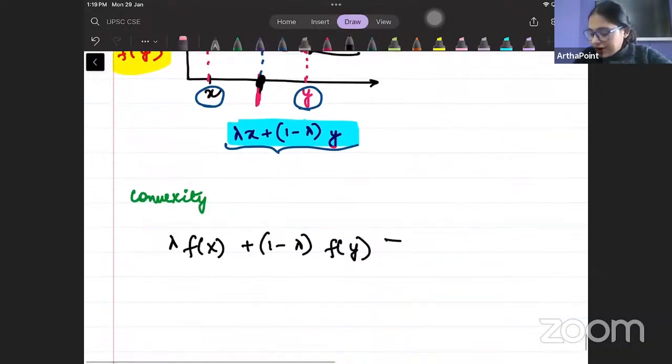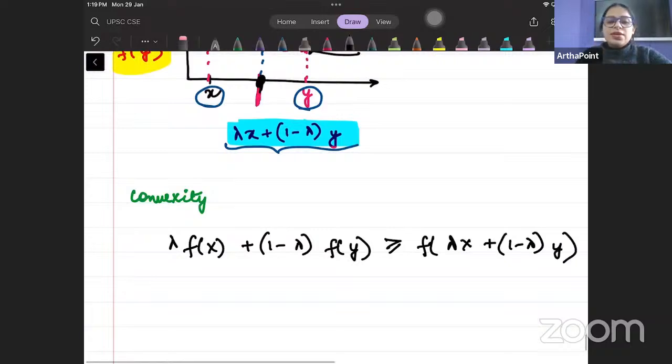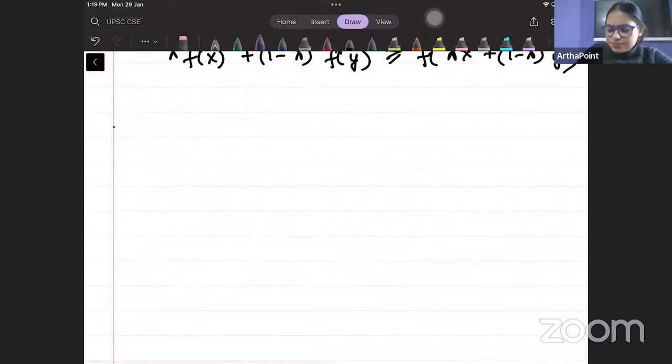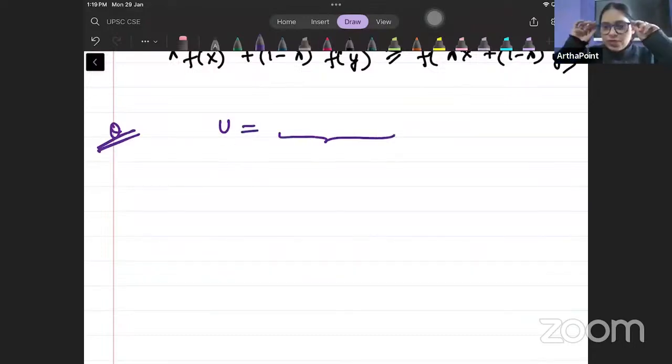It is going to be greater than equal to f of lambda x plus 1 minus lambda y. This is speaking mathematically convexity. अब क्वेश्चन अगेन आते हैं. If I give you any utility function, मैंने आपको कोई utility function पकड़ा दिया, how to check that it is convex? मुझे कैसे पता it is well defined, it is convex?